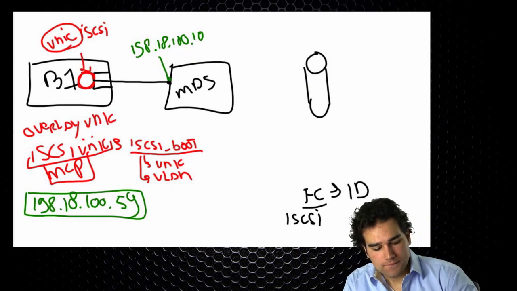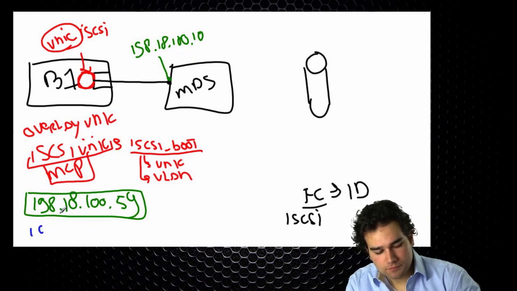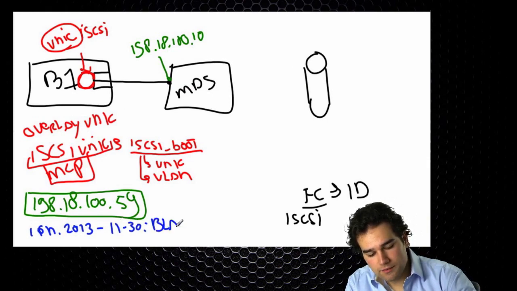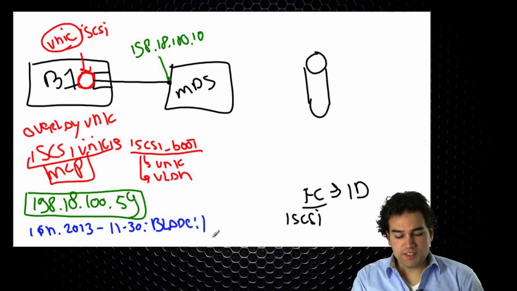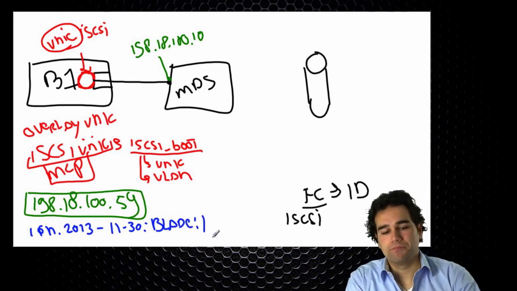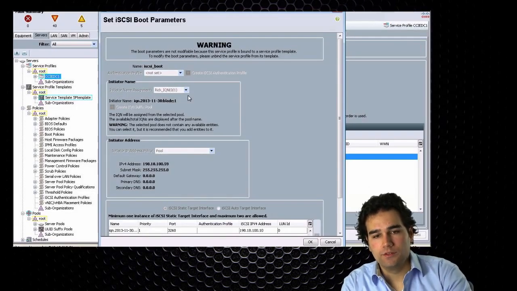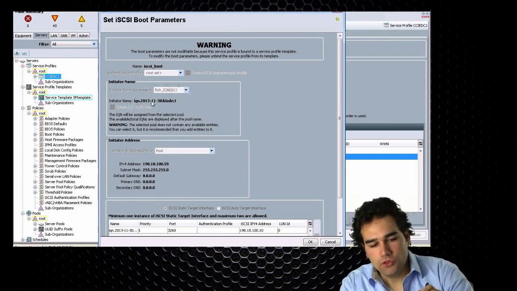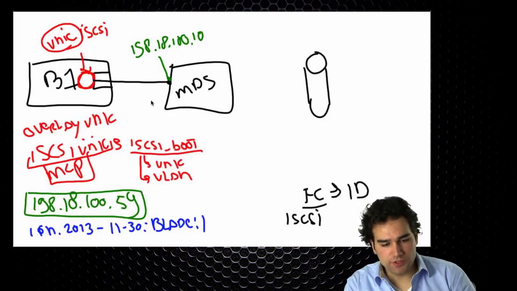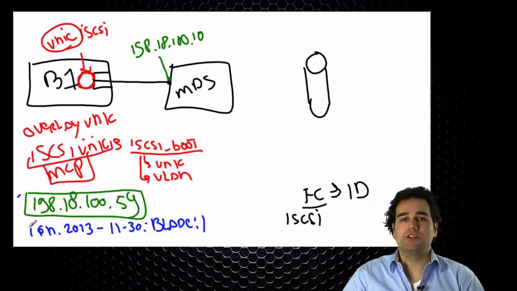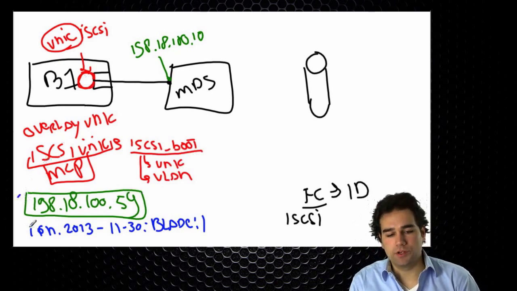In this case, this is IQN 2013 1130 blade 1. This is the IQN of the server that is allocated through a pool, as you see here. Therefore this iSCSI NIC, this server, has this IP address and this IQN. And that's how it's going to connect to the iSCSI network.